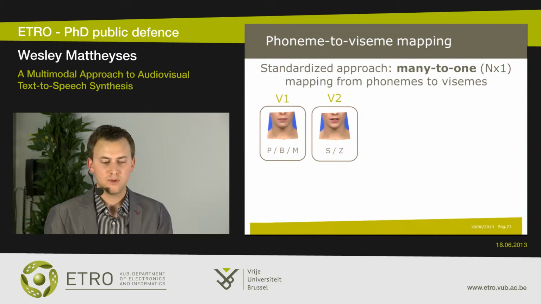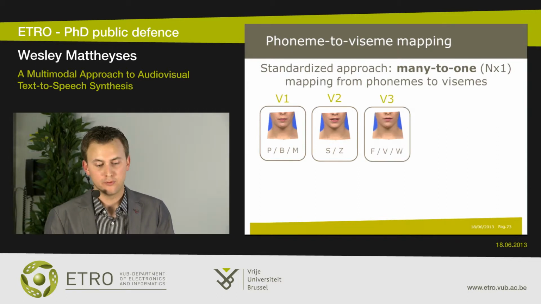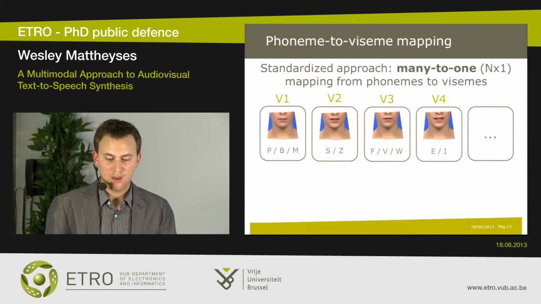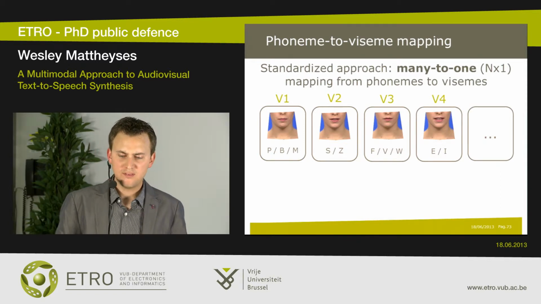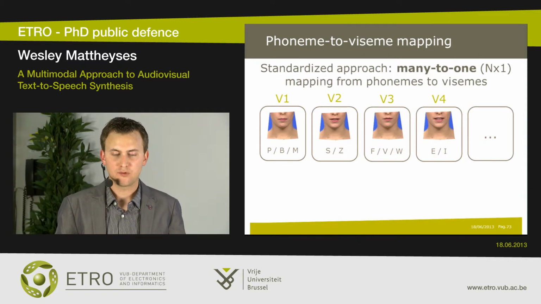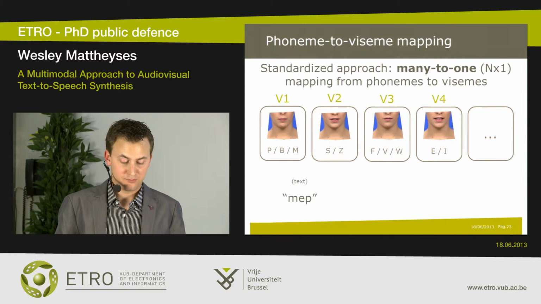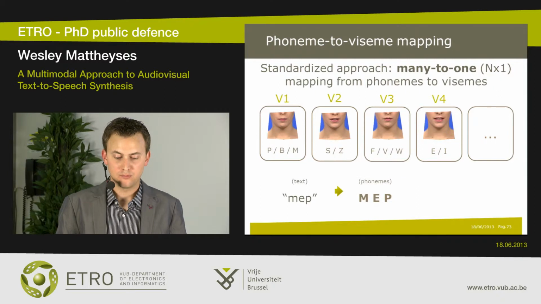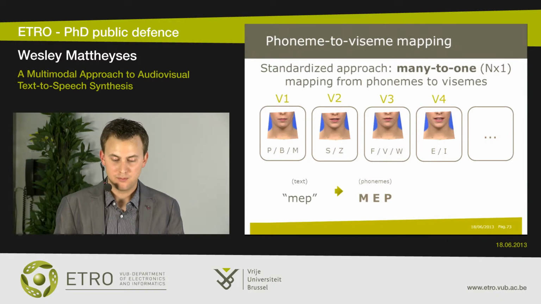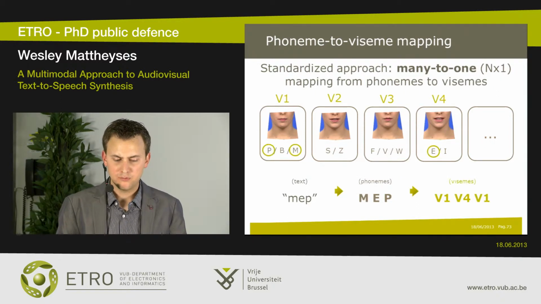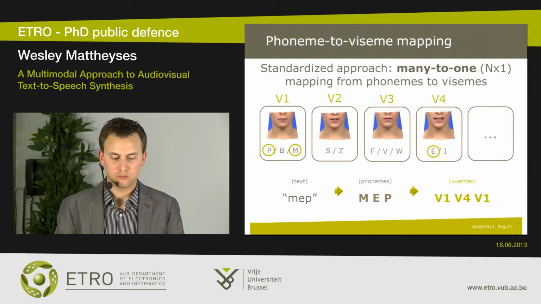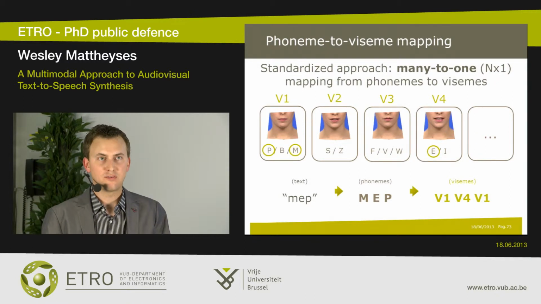You can cluster them in viseme 2. And so on for the f, the v, and the w, and so on and so on. And this defines a many-to-one mapping from phonemes to visemes. So, for instance, the Dutch text mep can be described by phonemes m, e, p, but also by visemes using this phoneme-to-viseme mapping. So, the visual representation of the text mep can be described by viseme 1, viseme 4, viseme 1.